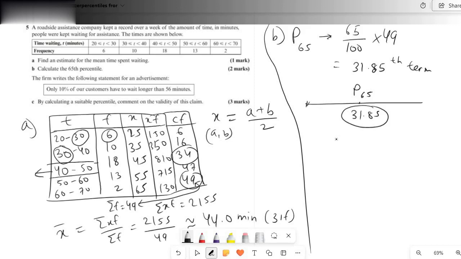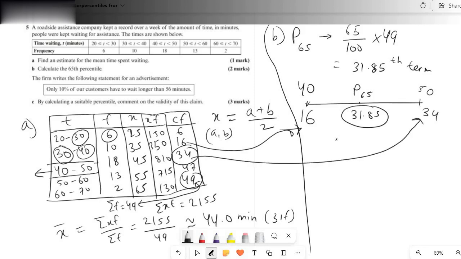So the endpoints are 40 and 50 here. And their corresponding frequencies will be the cumulative frequency of 40 here, which is 16, and then for the last one, this is going to be 34. Now we can use the formula again. (P65 minus 40) divided by (50 minus 40) must be equal to their corresponding frequency ratios.